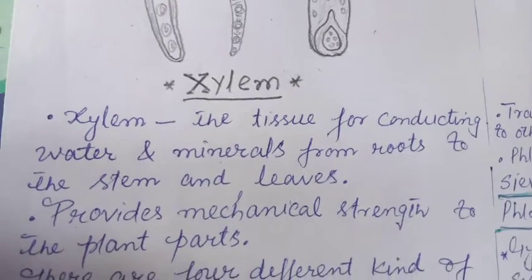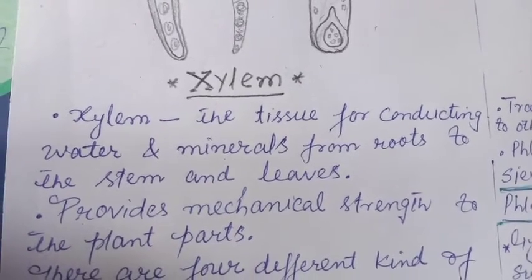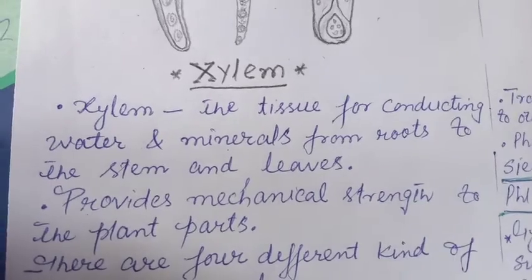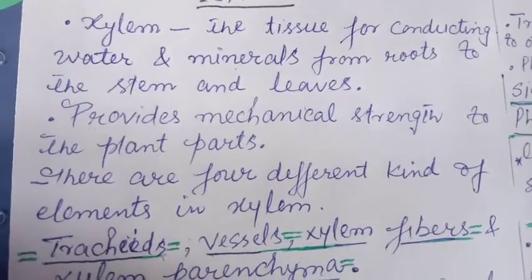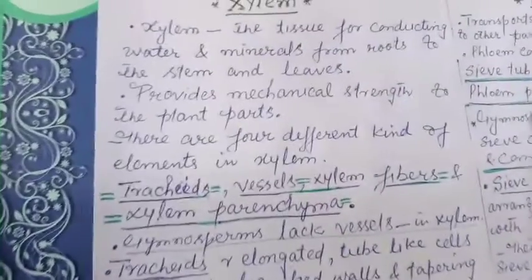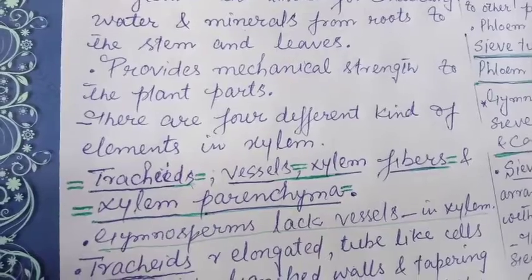The tissue for conducting water. The xylem is the tissue for conducting water and minerals from roots to the stem and leaves. It also provides mechanical strength to the plant parts.